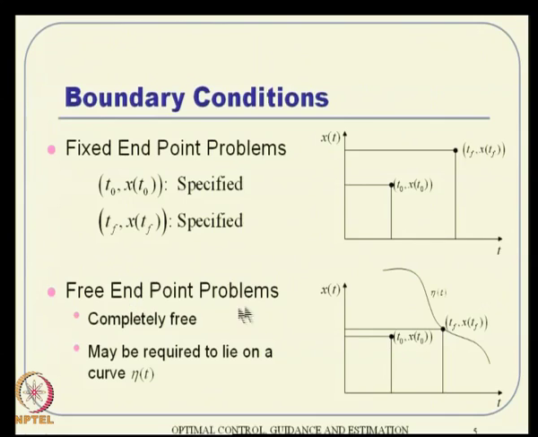Or it can be a free endpoint problem, where the endpoint can be completely free, or required to lie on a specific curve. I gave you an example of satellite launch. When you launch a satellite, it does not matter where you join the orbit, but from there onwards it will keep on staying in the orbit. All that matters is to leave it somewhere in the orbit on orbital conditions. That is how these problems are defined.